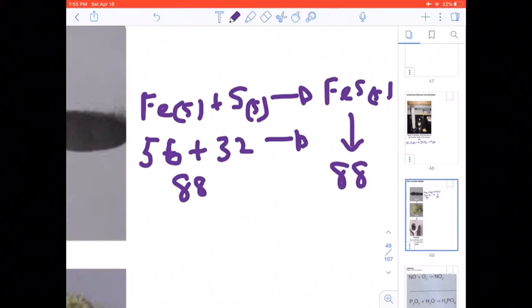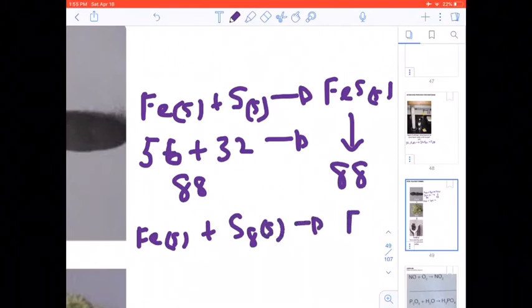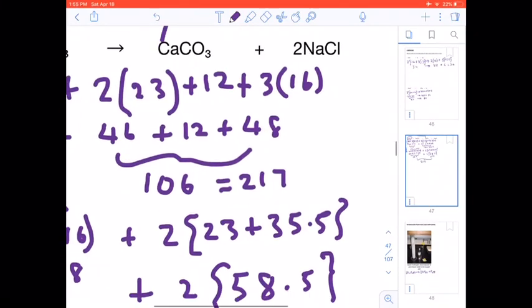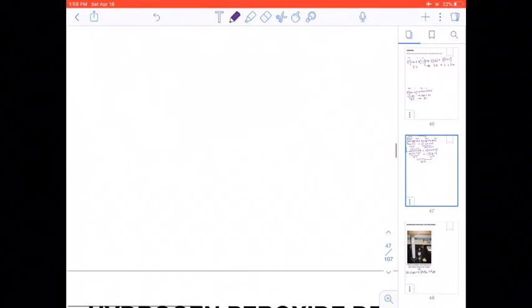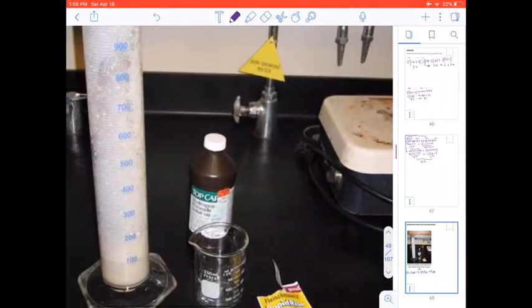So it's actually Fe solid plus S8 solid gives me FeS.